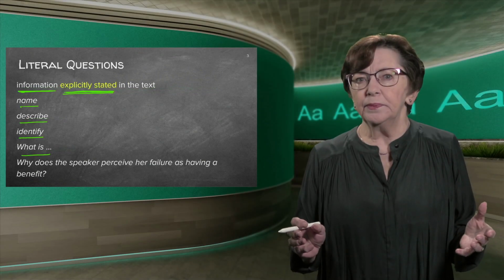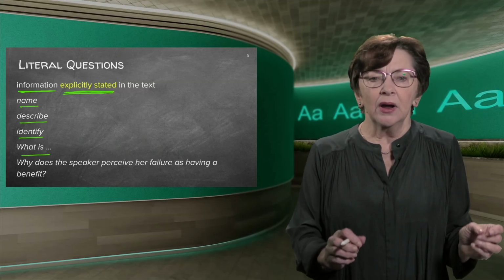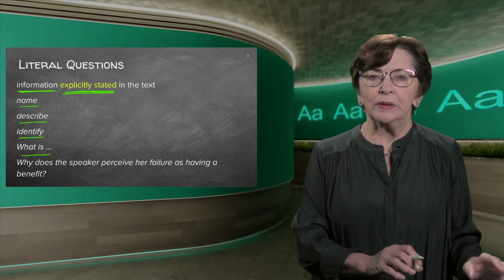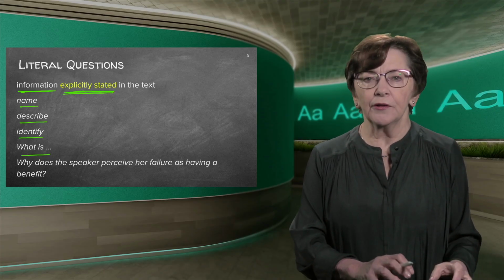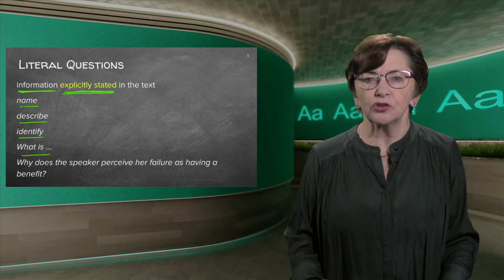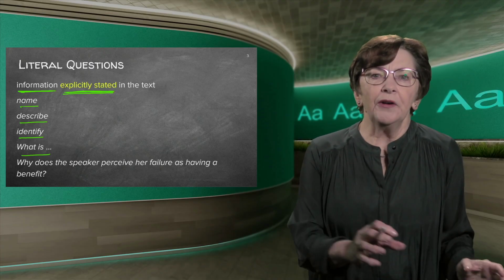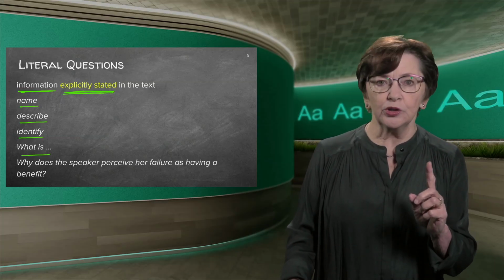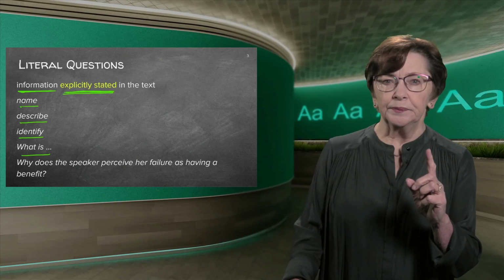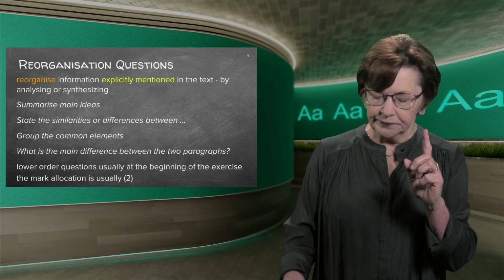This person might have said in the text that this terrible thing happened to me, but it gave me the opportunity to think about my life, and I pulled myself up by my own bootstraps and went on. So find it, it's there, right? That's the literal. It's the first part of the first category.